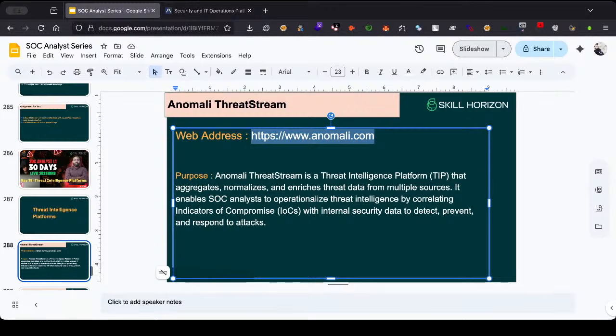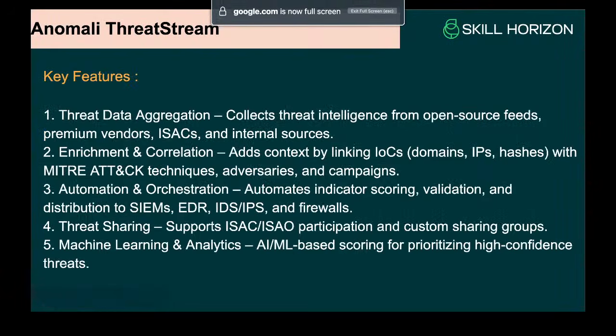First I'm going to talk about some of the key features of the Anomali ThreatStream platform. The key features are threat data aggregation, correlation, automation, orchestration, threat sharing, and machine learning analytics. This platform uses AI/ML based scoring to prioritize high confidence threats.